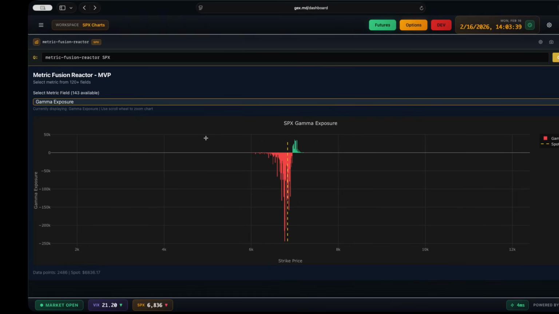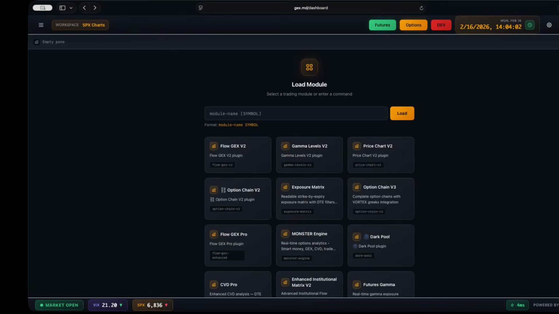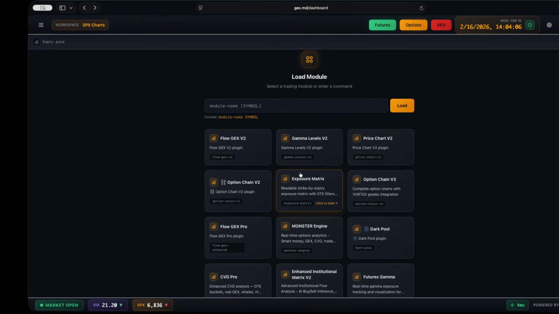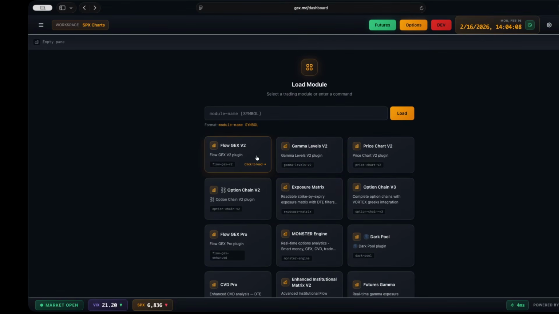But that is something for advanced people who really understand the gamma exposure fields, and who want to go deeper and study in more detail the effect of all this on each strike. This is not for the regular user. So do not use it if you do not understand what to do.